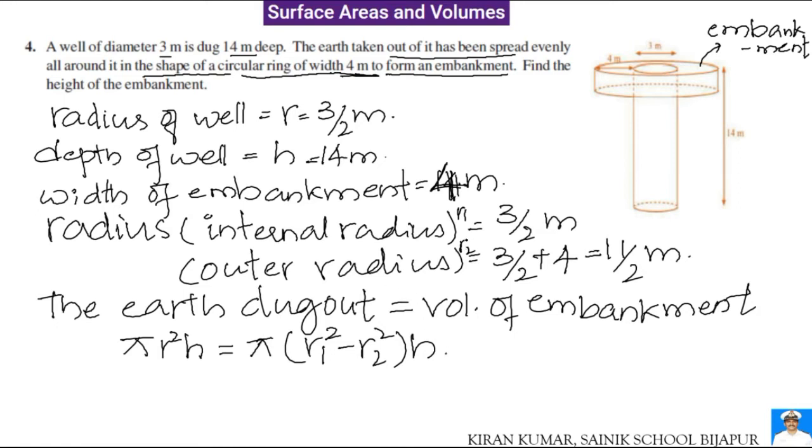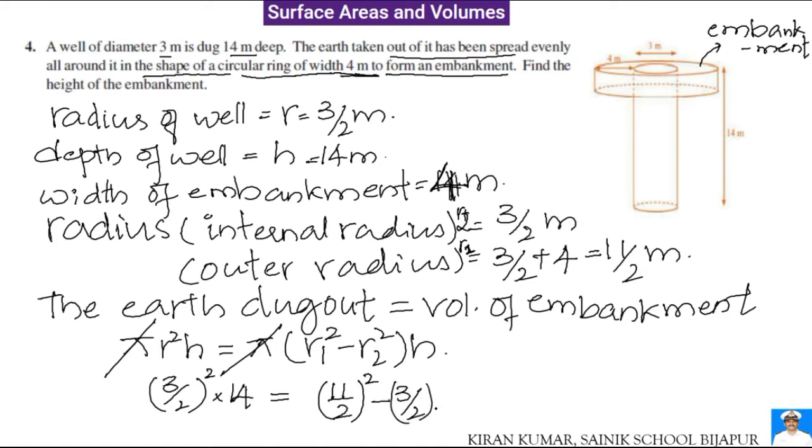Here the pi gets cancelled. R square is 3 by 2 whole square into the height of the cylinder, 14. This is equal to r1 square, since I have taken the larger radius as r1, so 11 by 2 whole square minus 3 by 2 whole square into h. This h has to be found.